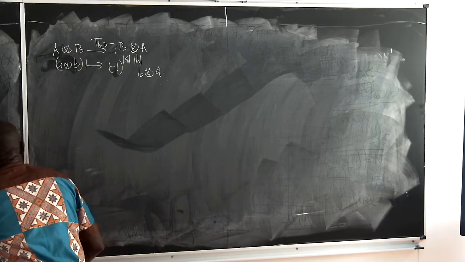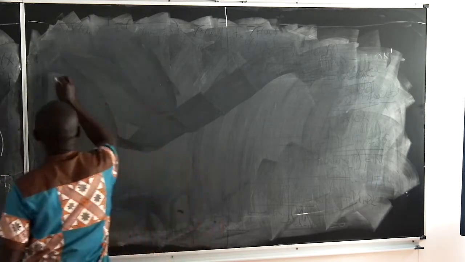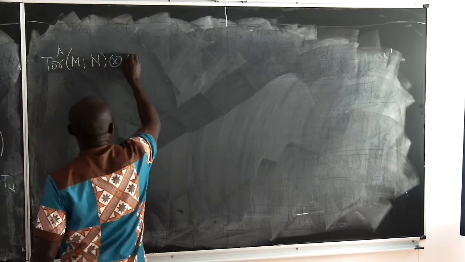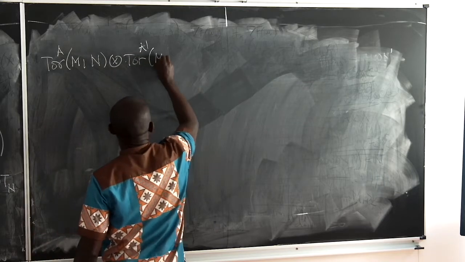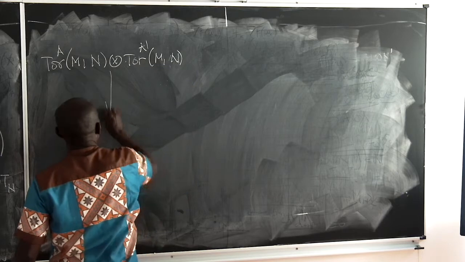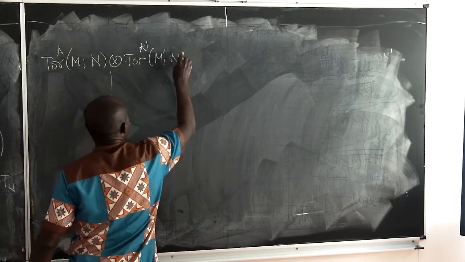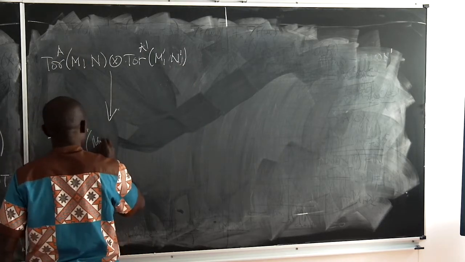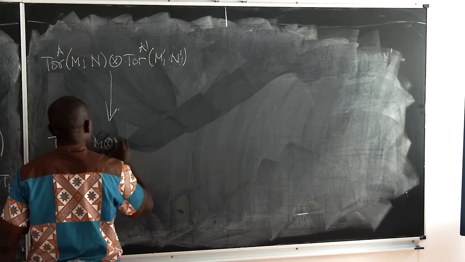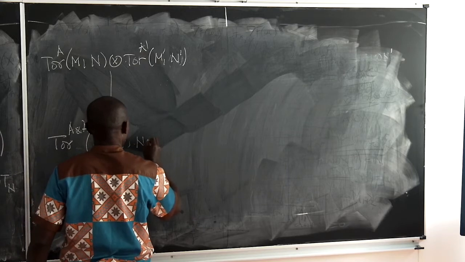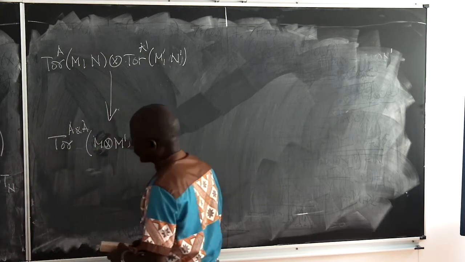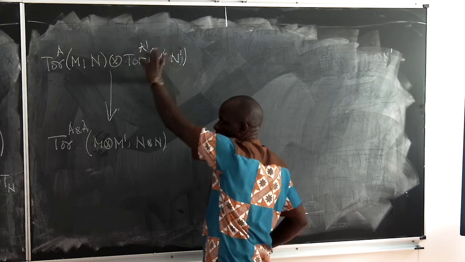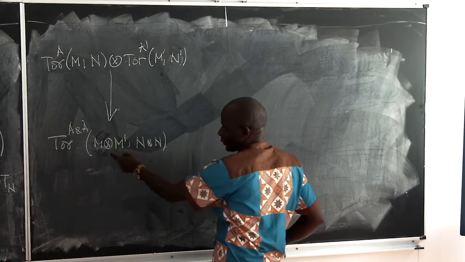So using this map, we have a relation between the tensor product of two Eilenberg-Moore Tor with the Tor of the tensor product.